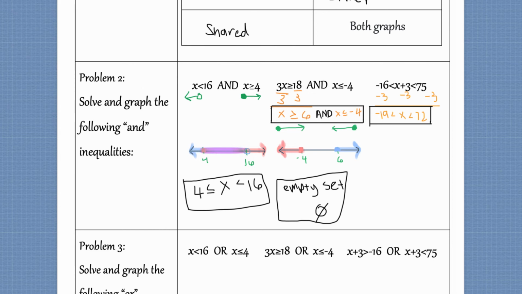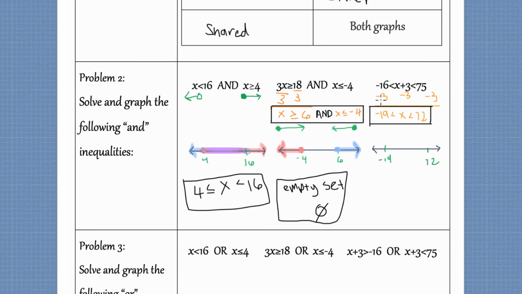So let's say I have my number line right here, and I want to graph this compound inequality. The two sides of this compound inequality are negative 19 on the left side and 72 on the right side. So I'm going to have negative 19 right here, and I'm going to have 72 over here.